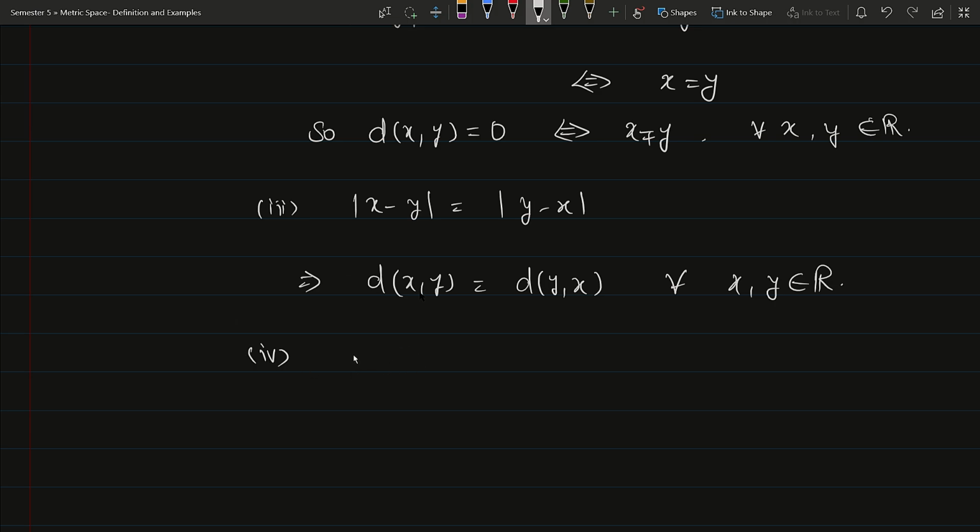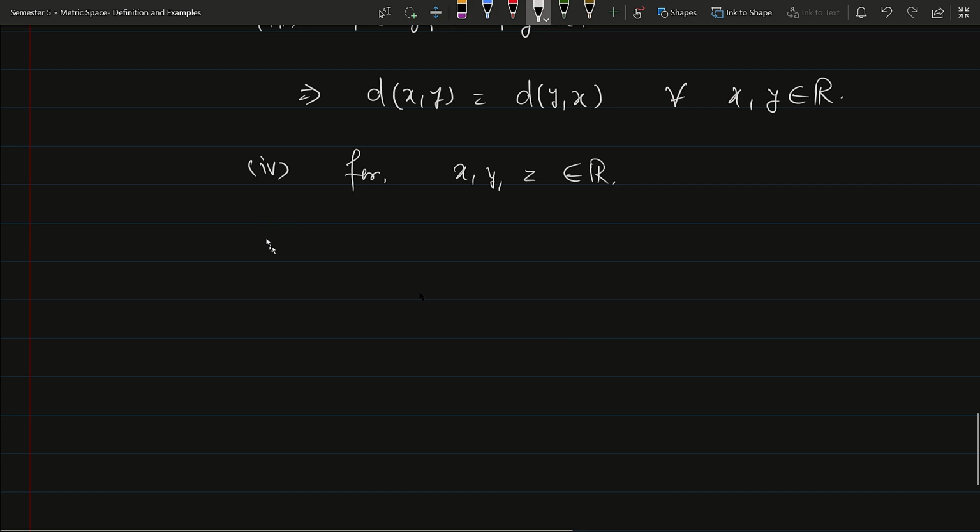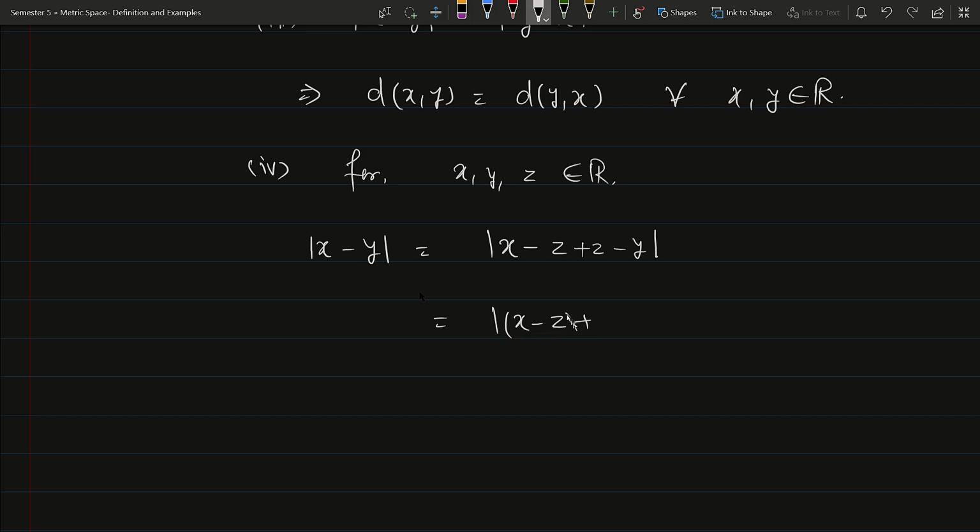We know if we choose any three points from the set of real numbers, then we have this scenario. So for x comma y comma z in R, we have that the distance between x minus y is equal to modulus of x minus z plus z minus y, right? And that is equal to, you can write this as modulus of x minus z plus modulus of z minus y.